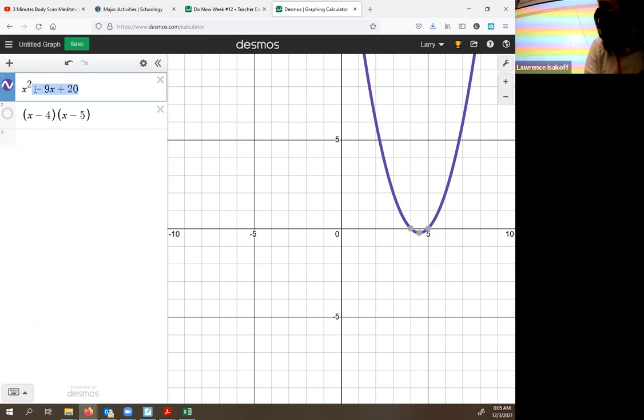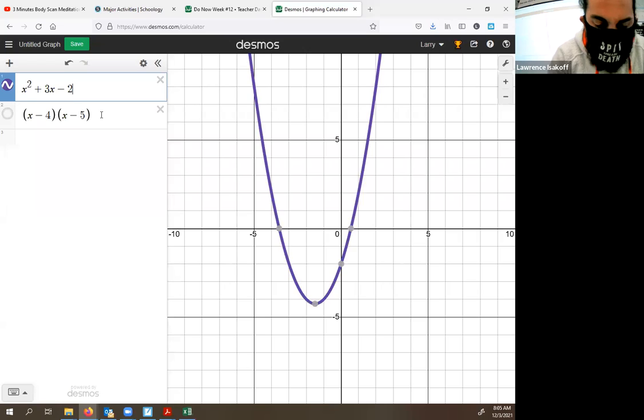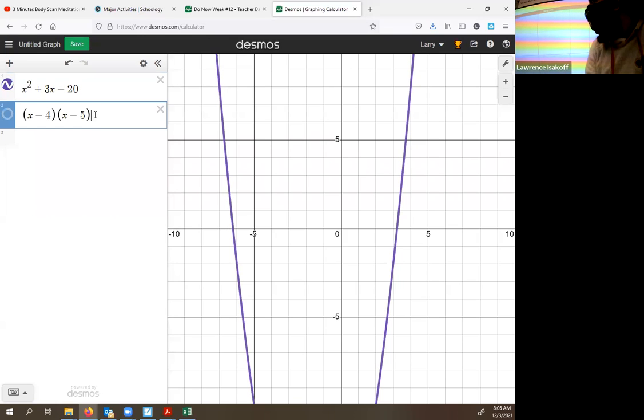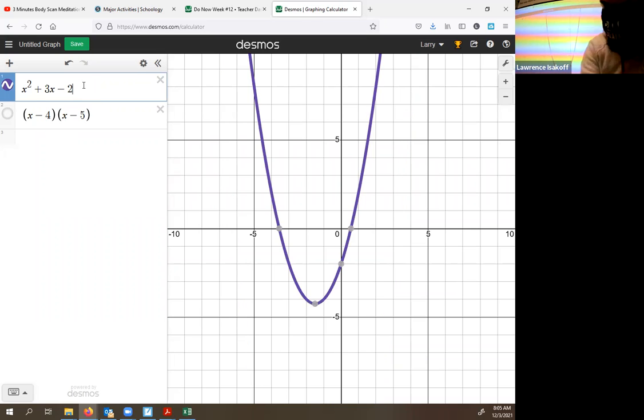So my original equation said x squared plus 3x minus 20. So that's what my original looks like. Or no, not minus 20, minus 28.